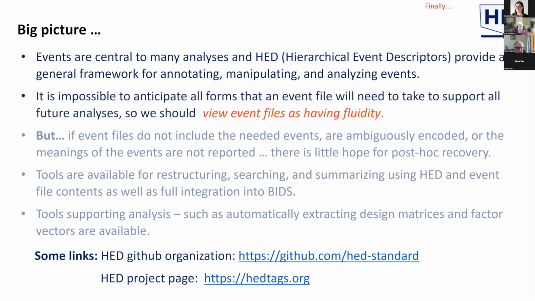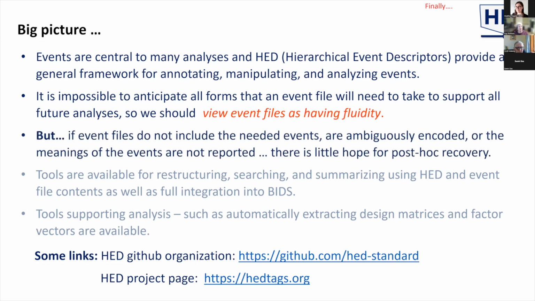But another important concept that I want to leave you with is that it's really impossible to anticipate all the forms that an event file will take, or what will be needed for future analysis. So we'd really like to promote the view of event files as having fluidity. You have to report the events, but how you represent them is really open, and you may need one kind of representation for one application and another for a different one.